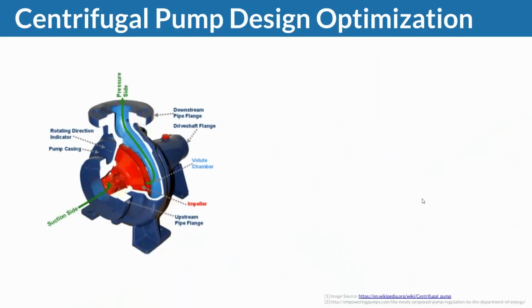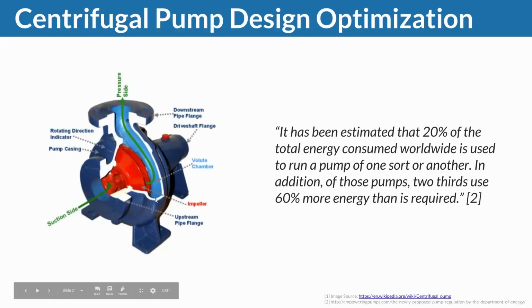A few notes first. We'll look today at such a pump, a different impeller here, but we basically look at the radial pump today and use it as a good example for how to apply simulation. I find it fascinating: I found this fact on the Department of Energy website, where it's posted that pumps, not just centrifugal pumps but all sorts of pumps worldwide, one way or the other consume a huge portion of the global energy.